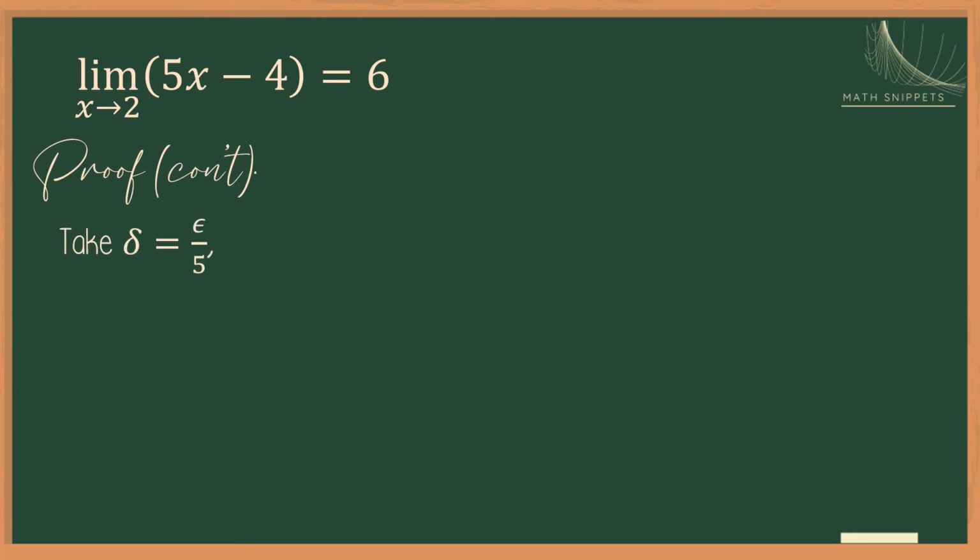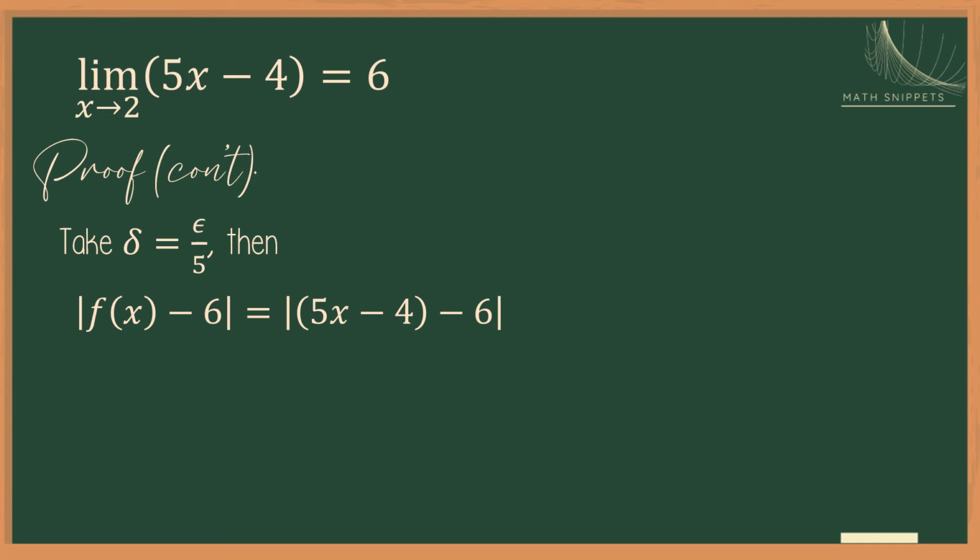So we take epsilon over 5. Then we will show that indeed this value for delta would satisfy the condition. So we go back to the distance between f of x and 6, or the absolute value of f of x minus 6.